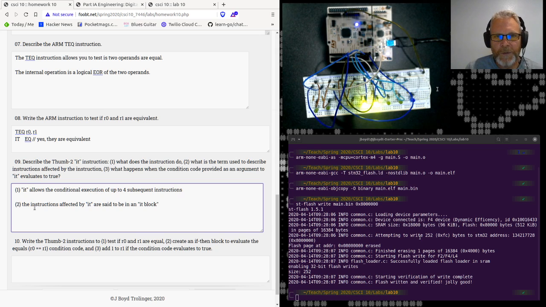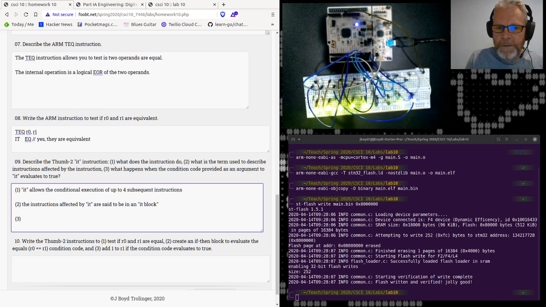I think that's useful to know because it's kind of like setting up a block in C++ with curly braces. So you use IT to set up a block of conditional instructions.